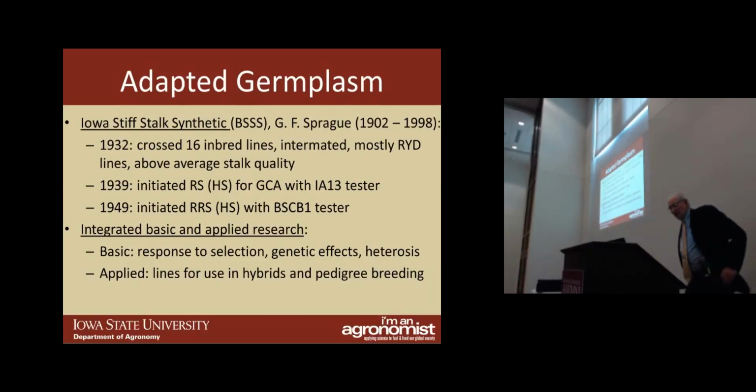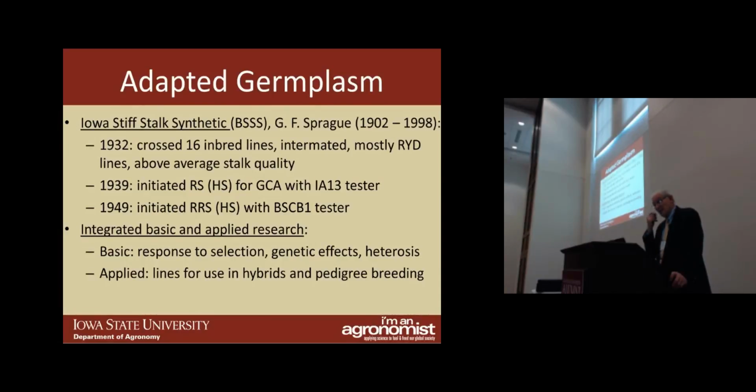Iowa Stiff Stalk Synthetic, you probably all heard about it. George Sprague initiated it by crossing 16 inbred lines in 1932 at the Arlington Farms. If you're in Washington, D.C., look over there and see the Pentagon. That's where the Arlington Farms was in those days. It's mostly reed. He brought it to Iowa when he transferred here and initiated selection programs in 1939, 1949.